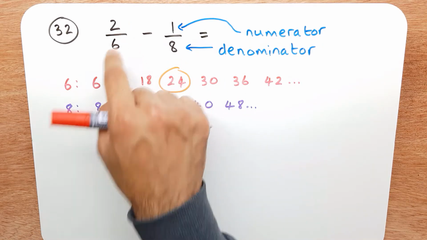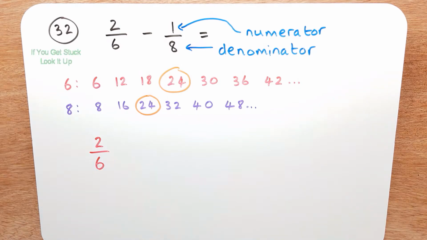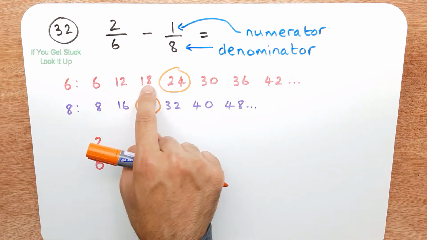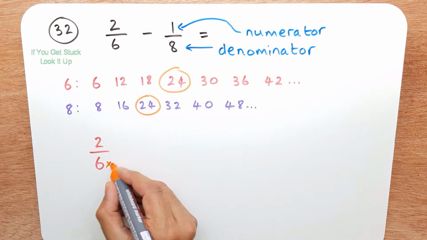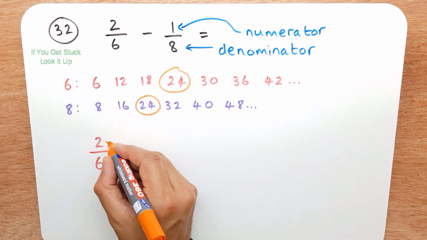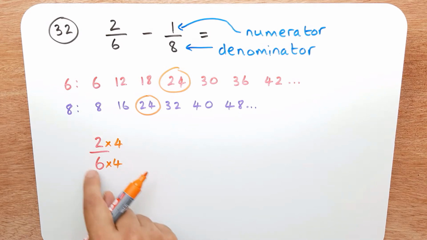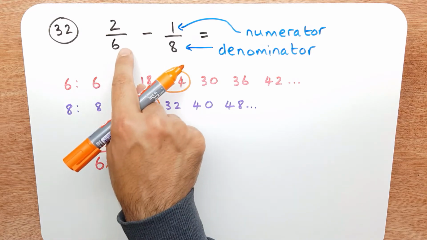So 2/6, I'm going to write that here. And how do I turn that 6 into a 24? Let's have a look: 1, 2, 3, 4. I multiply by 4. And whatever I do to the denominator, I do to the numerator. So that's my fraction 2/6.